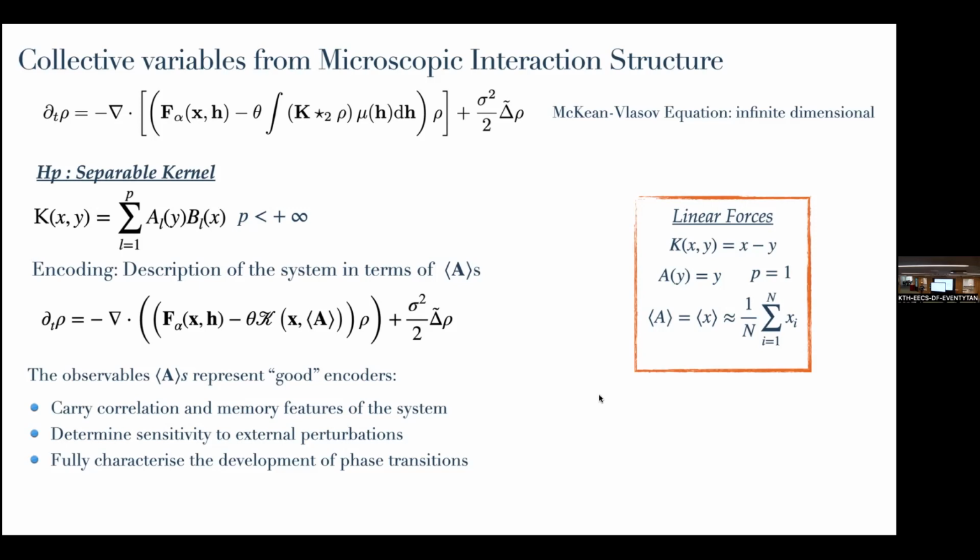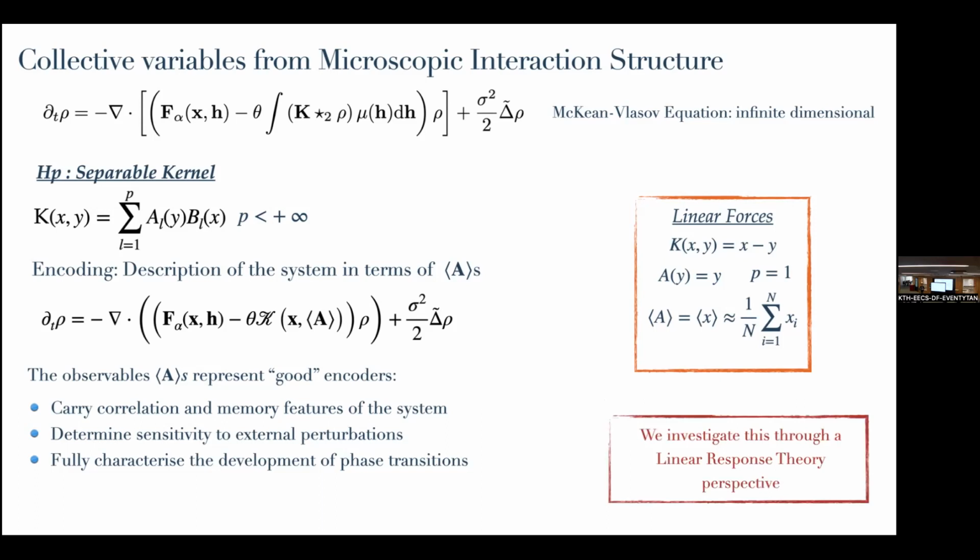But we can show that these observables are good encoders, meaning that they carry important properties of the system: correlation and memory features, and they determine the resilience of the system to perturbations. More importantly, they fully characterize the development of these critical phenomena or phase transitions. So they are good order parameters of the system. And we investigated this, as I said before, through response theory.